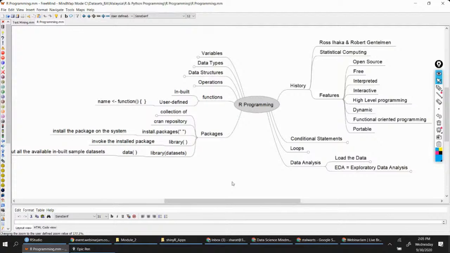Loading the data from text file format, from CSV file format, Excel, then JSON, XML, and various other statistical tool related data sets can also be loaded into our programming. And once we have the data loaded, we will start doing the processing on the data, churning the data.